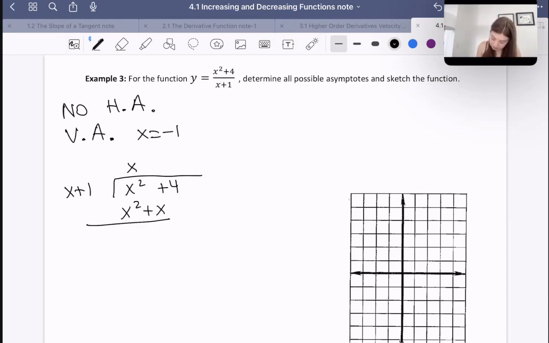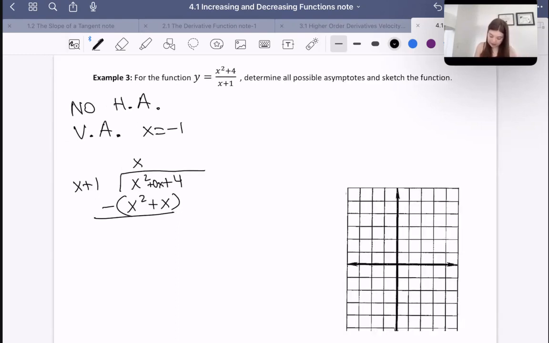And then when we subtract, we're actually going to subtract from 0, right? We have plus 0x here. So we're going to have minus x plus 4. How many times does x go into minus x? Well, minus 1 times. So that's going to give us negative x minus 1. We're going to subtract those, and we are going to get 5 as our remainder.